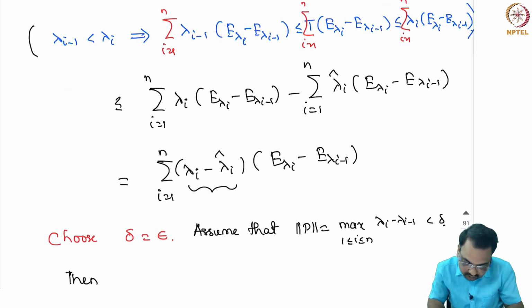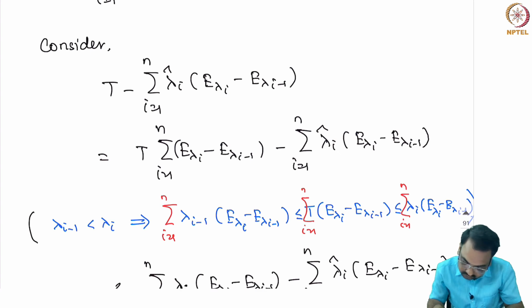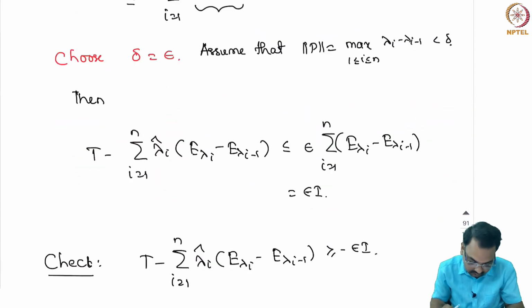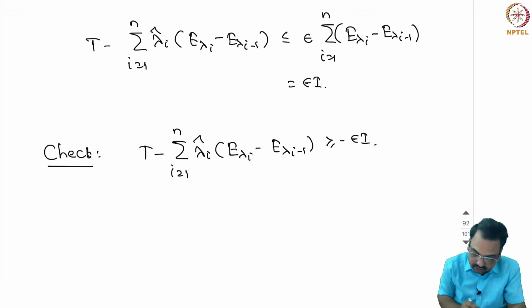Here we have used the fact that t is less than or equal to lambda_i, this second inequality in this whole thing. So if you use the first one you will get the other one: T minus summation i equal to 1 to n of lambda_i hat multiplied by E lambda_i minus E lambda_{i-1} is bigger than minus epsilon.